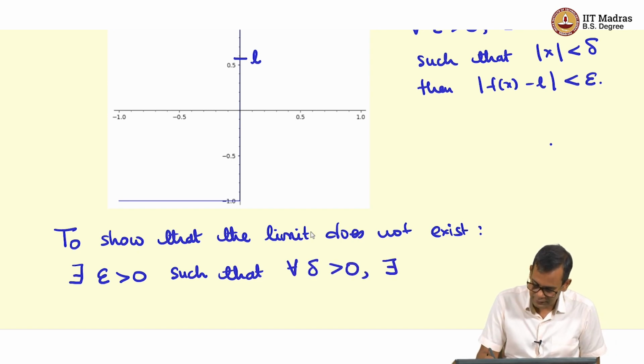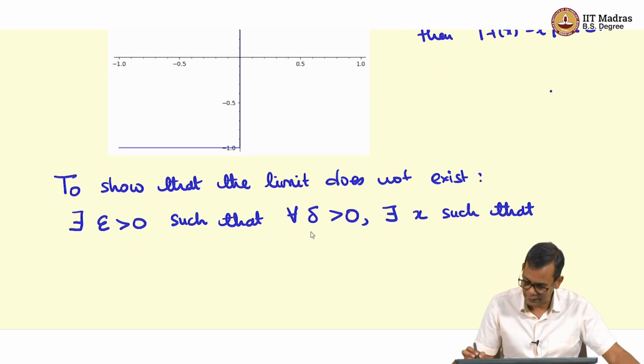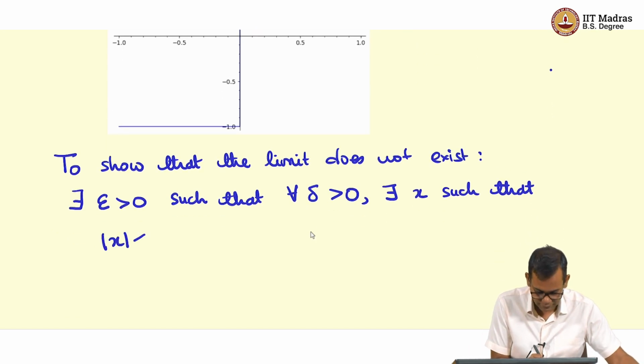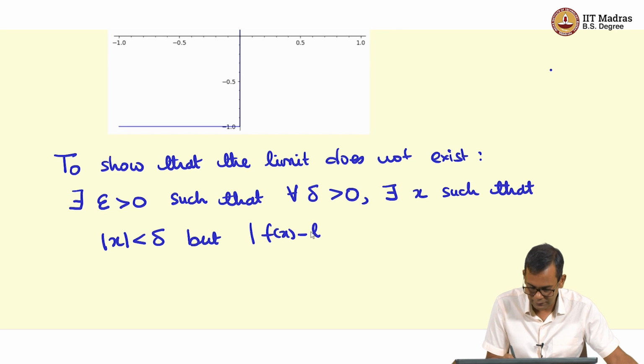There exists x such that x is close to 0, that means that absolute value of x is less than delta, but absolute value of f of x minus L is greater than epsilon.